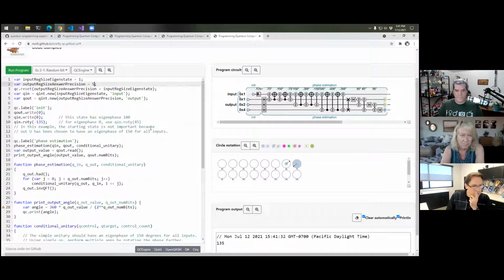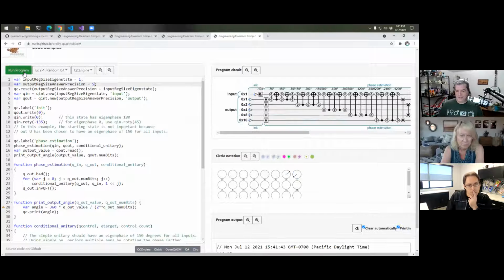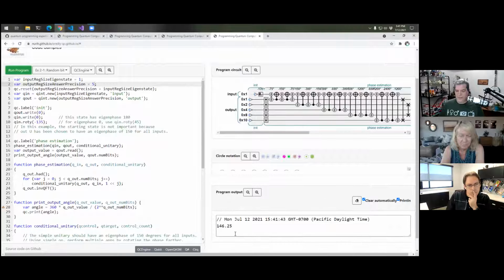Let's try a 5 to see what happens. Shrink this. So now I have 146.25, which is a lot closer to 150. It's still not going to stay at that number. It's still going to jump around to a lot of numbers. But 146.25 and 157.5 seem to come up a large majority of the time.